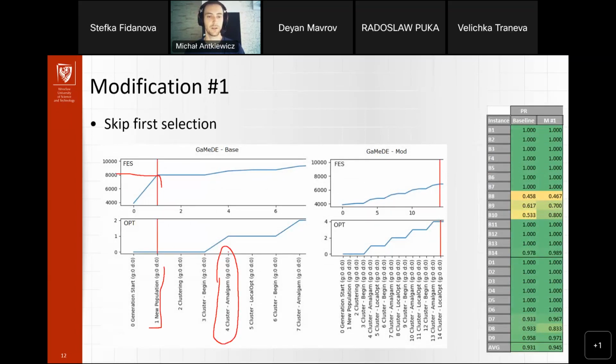As you can see, we find the first optimum here and the second optimum using second clustering. So we don't have a chance to go further because we are out of budget. We decided to completely skip this first selection and go straight for the clusterization. And we found all 4 optima, and for the B9 and B10, it appeared to improve results significantly.